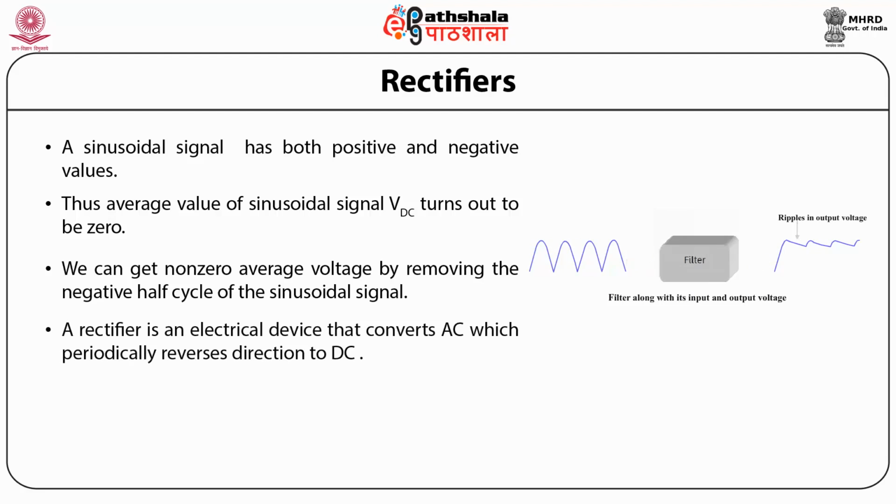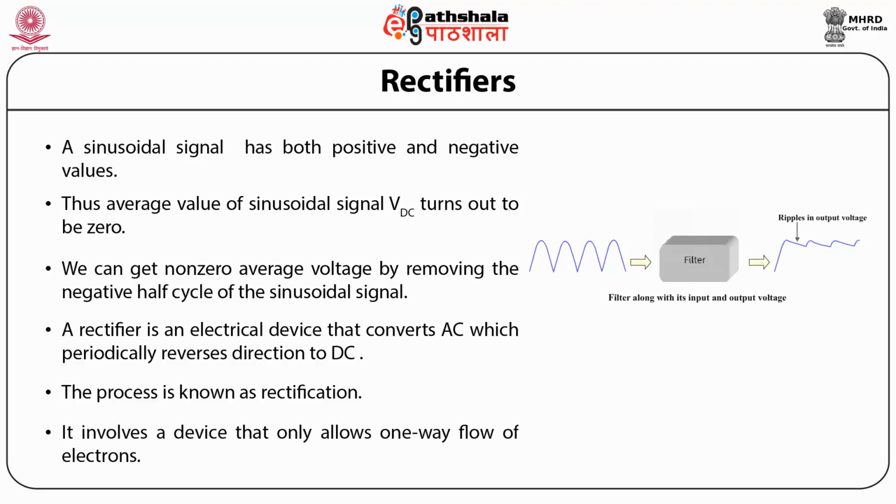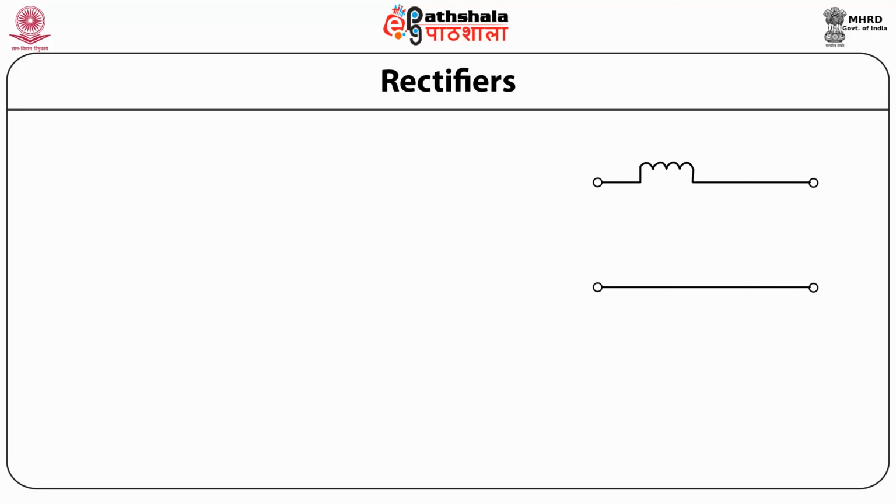A rectifier is an electrical device that converts AC, which periodically reverses direction, to DC. This process is known as rectification, and it involves a device that only allows one-way flow of electrons as shown in this figure.